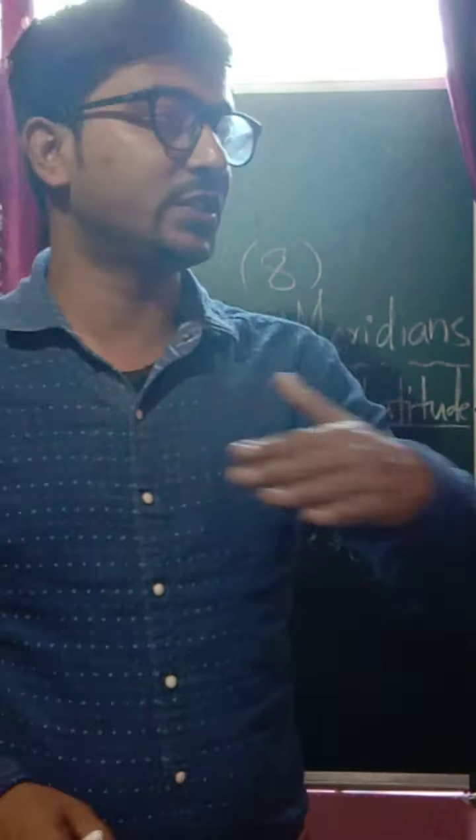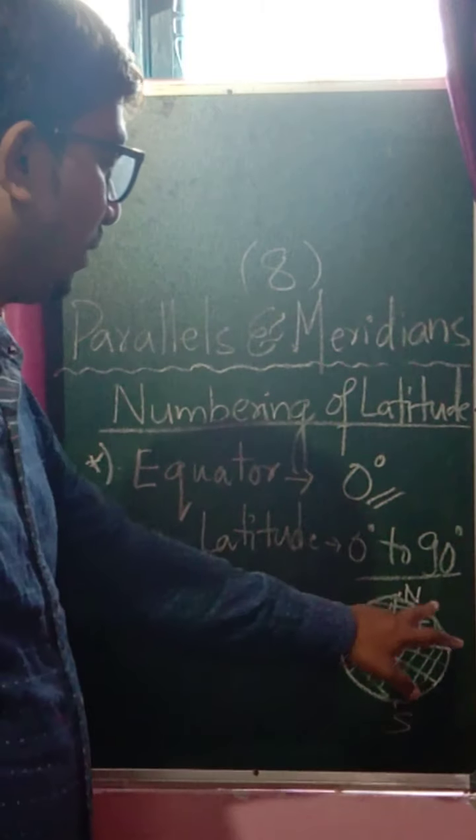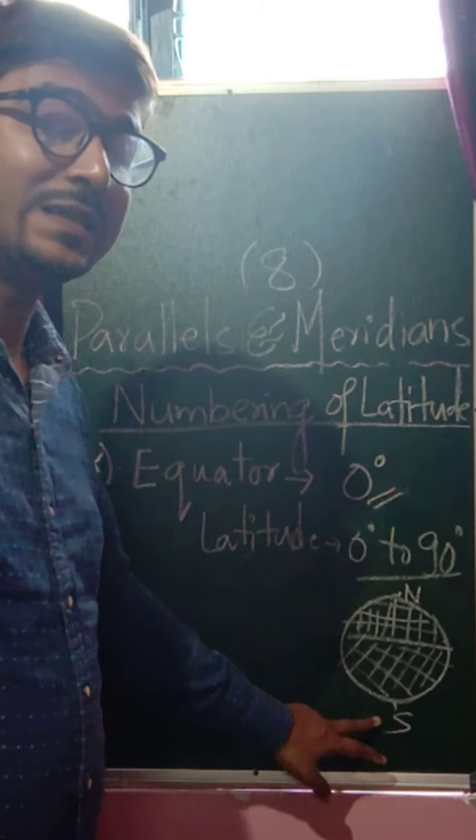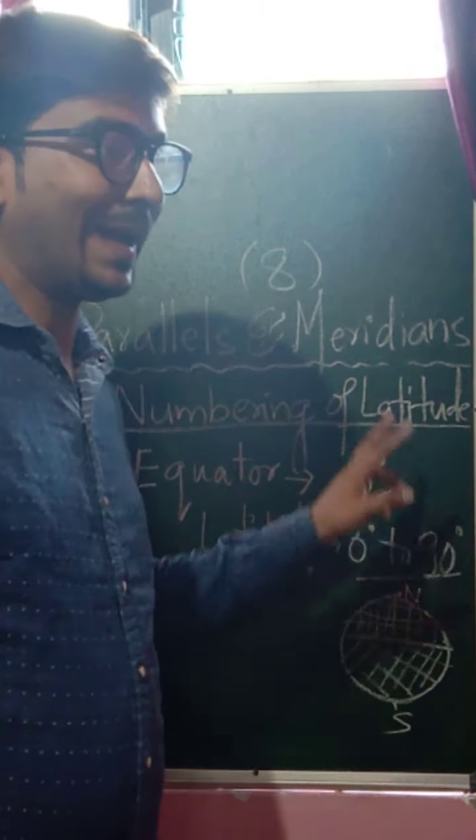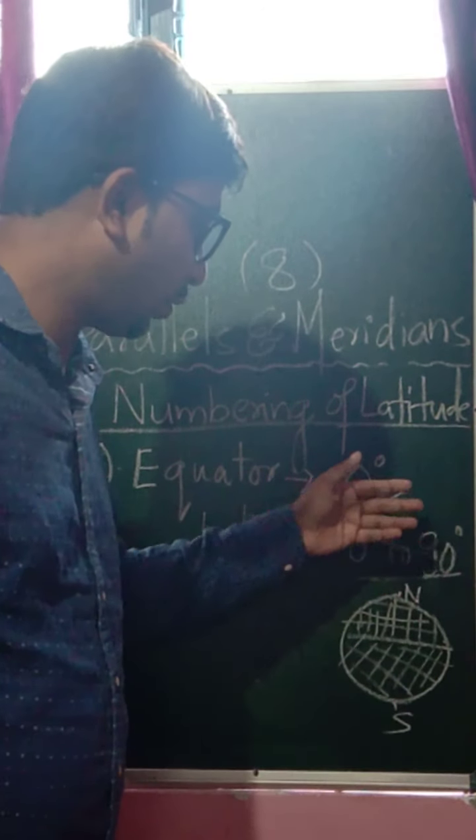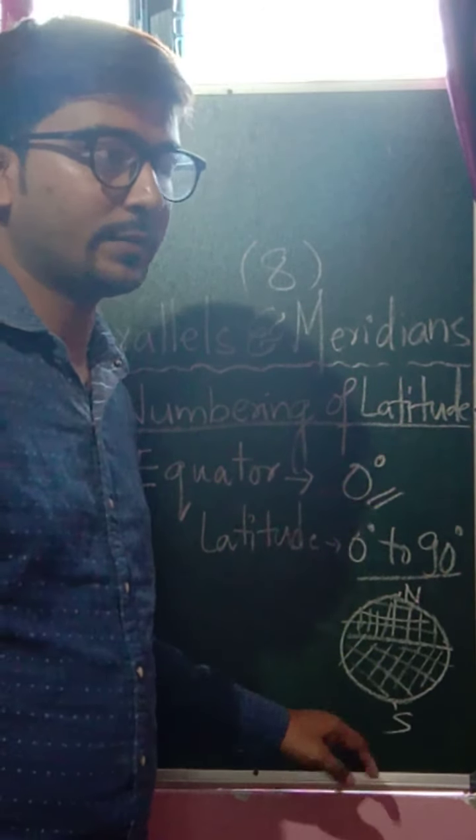The earth also has two important poles, the North Pole, denoted by the letter N, and the South Pole, denoted by the letter S, at both ends, upper and lower.